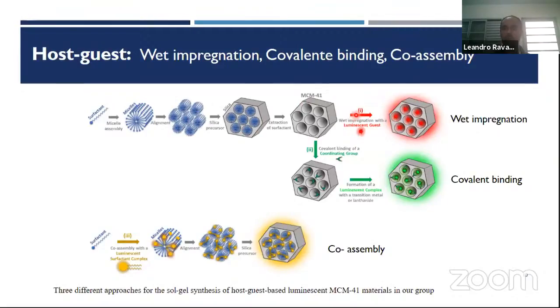The wet impregnation and co-assembly methods are easier than covalent binding, because it's necessary to functionalize the silica surface with binders that will react with the metal inside the pores, as you can see here. It's not easy to do.